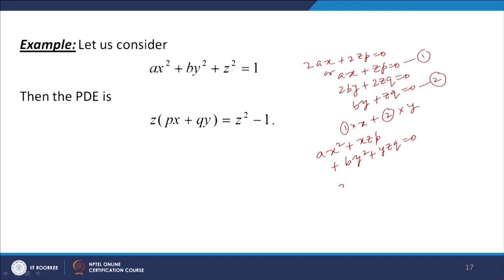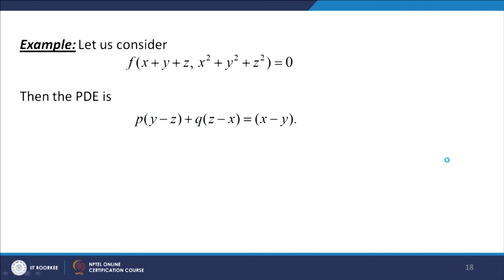So, we get x z into p plus y z into q plus 1 minus z square equal to 0, or we can say this is z times x p plus y q equal to z square minus 1. So, this is the PDE that we get when we eliminate the arbitrary constants a and b here.